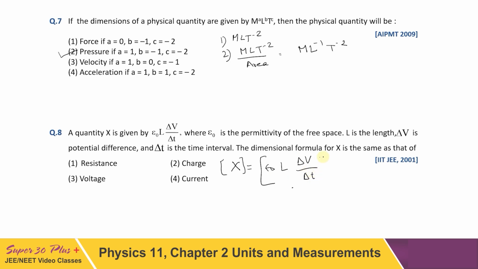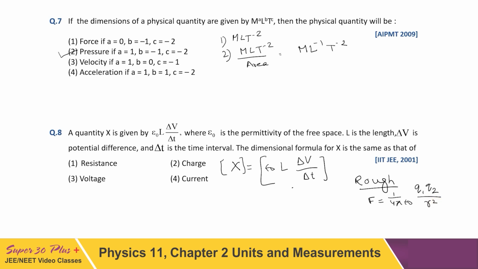Let us first write the dimensions of epsilon naught. This can be written with the help of Coulomb's force. So here I am doing my rough work. F can be written as Coulomb's force, 1 upon 4 pi epsilon naught Q1 Q2 upon R^2.